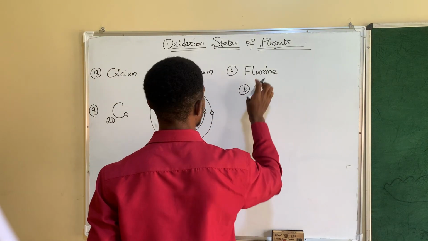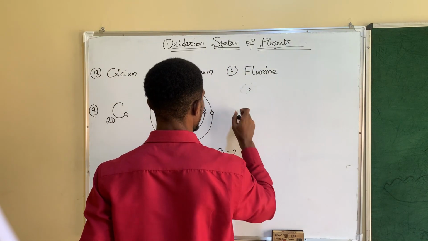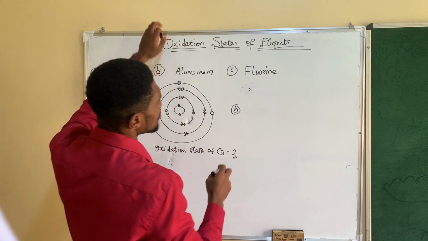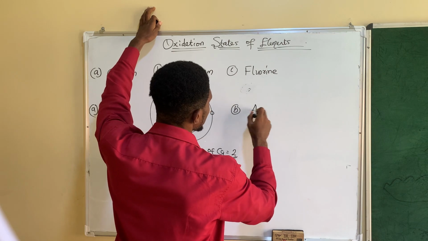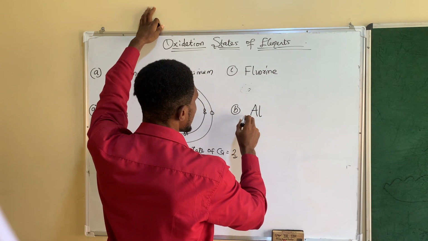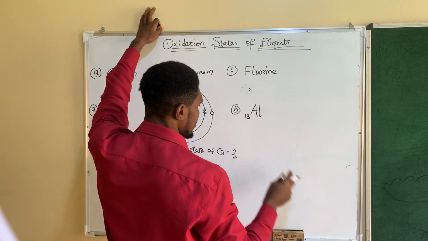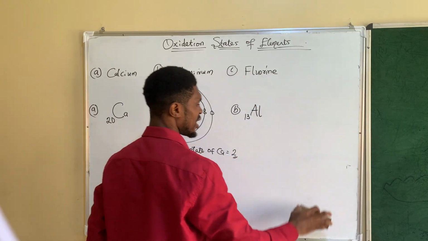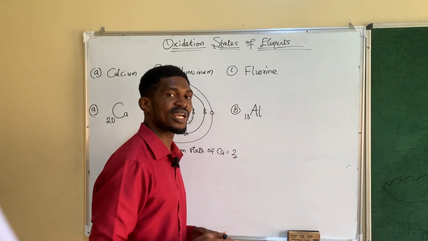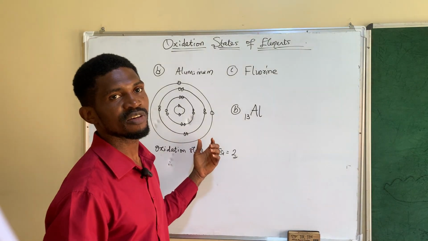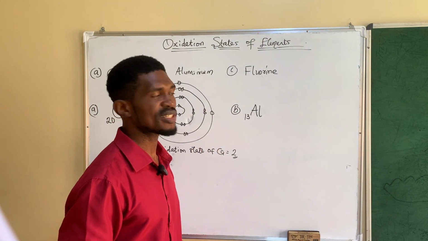For B, B is aluminium. Aluminium is represented by capital letter A and small letter l, and the atomic number is 13. As I mentioned earlier, it is important to know the atomic number before you are able to draw the electronic configuration and then find the oxidation state.